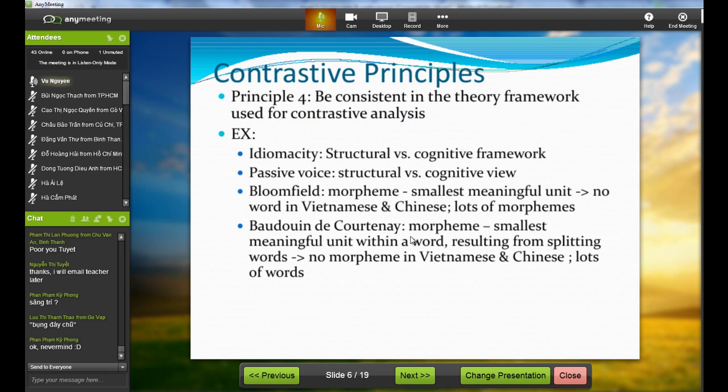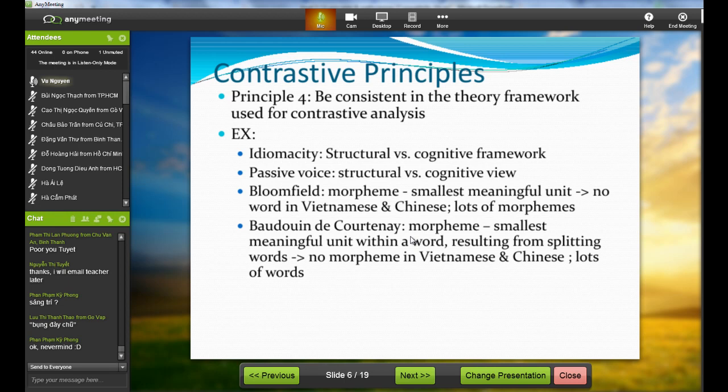Now, the next principle is about consistencies in our analysis. When we adopt a theoretical framework for our analysis, we need to stick to that framework. Why? Well, the answer is because language study is an area of social studies, and there are different schools of thought, different viewpoints.